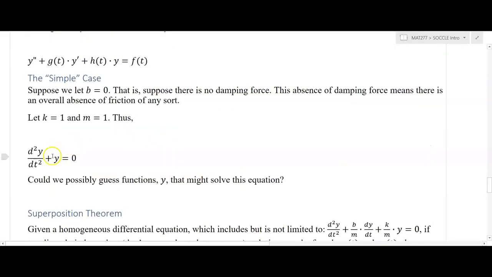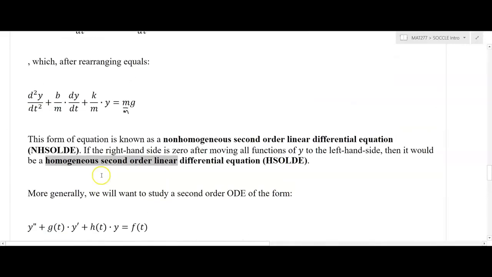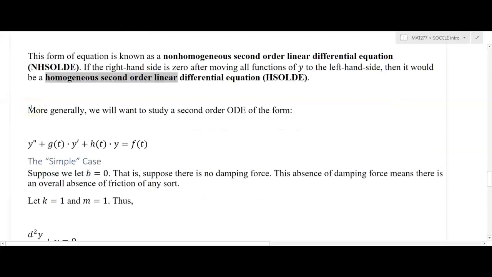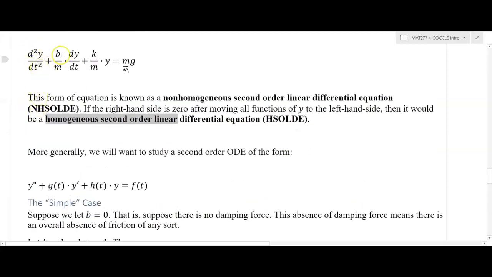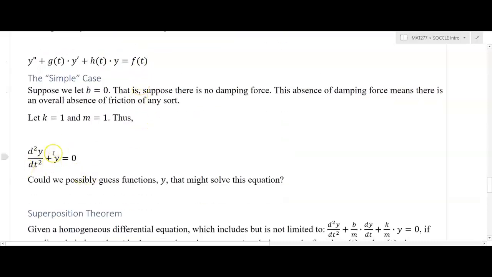And if we let B equal 0 and we let K equal 1 and M equal 1, you can see that here we'll have the second derivative plus 0 over 1 times y prime, so that term goes away, plus 1 over 1 times y equals 0. So that's why this coefficient is a 1 here. This is the k over the m, the 1 over the 1, which is 1.